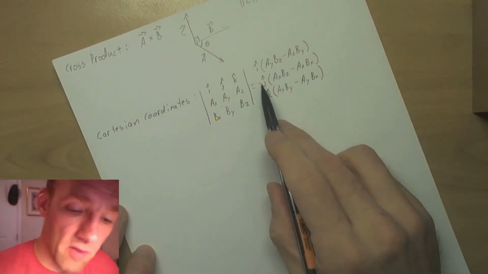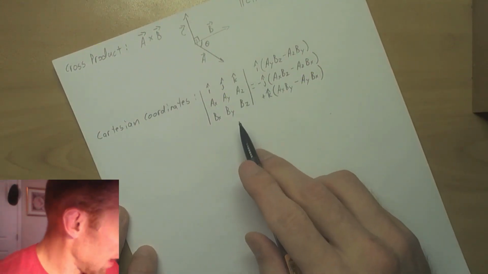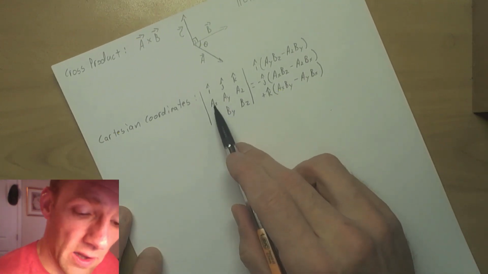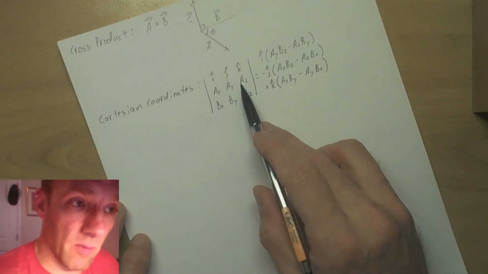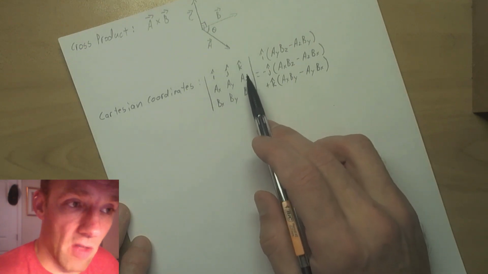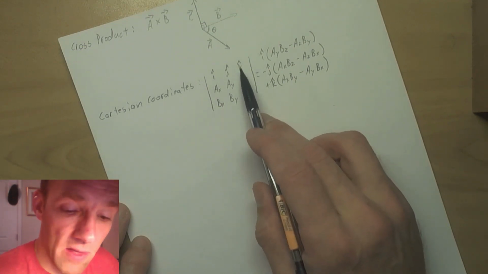In 2 dimensions, oftentimes you'll be dealing only with AX and AY, so AZ will be 0 as well as BZ will be 0. So the only component that is non-zero in that case will be the k component.